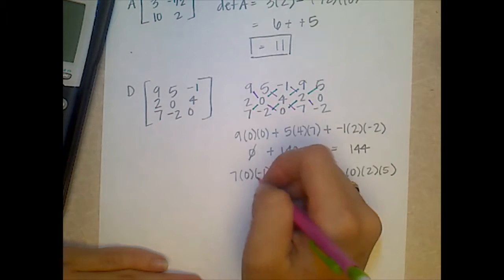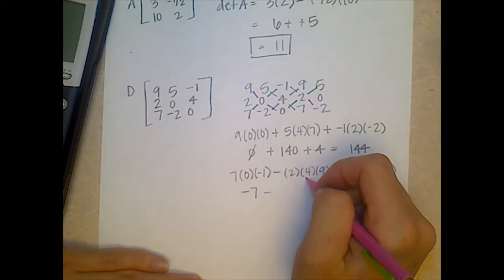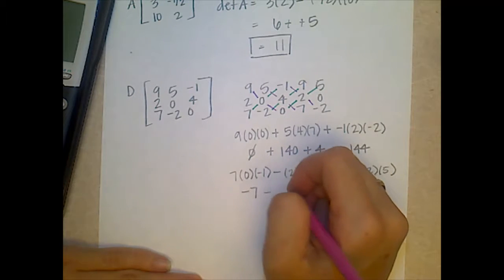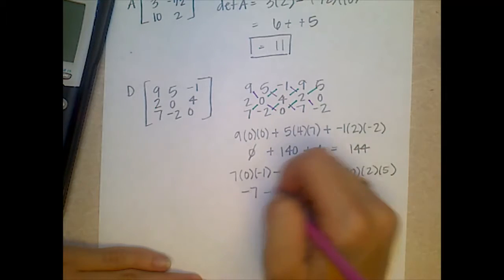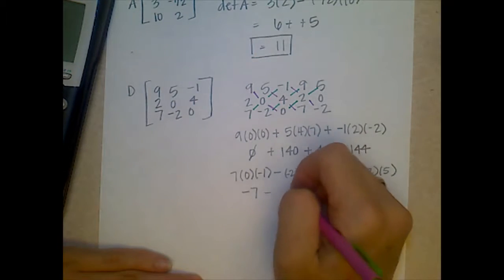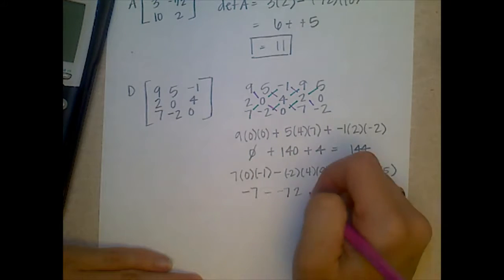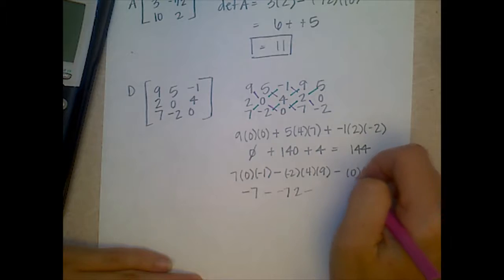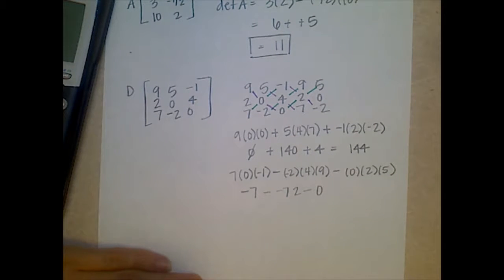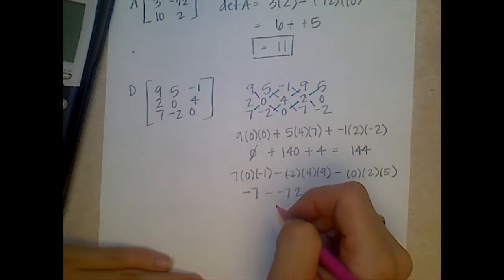Okay, 7 times 0 times -1 is -7, minus 2 times 4 times 9, 72, but it's minus a -2 because I didn't pay attention to my signs, I'm sorry. Minus a -72, minus 0 because anything times 0 is 0. There's a little bit of signs here, so be careful.